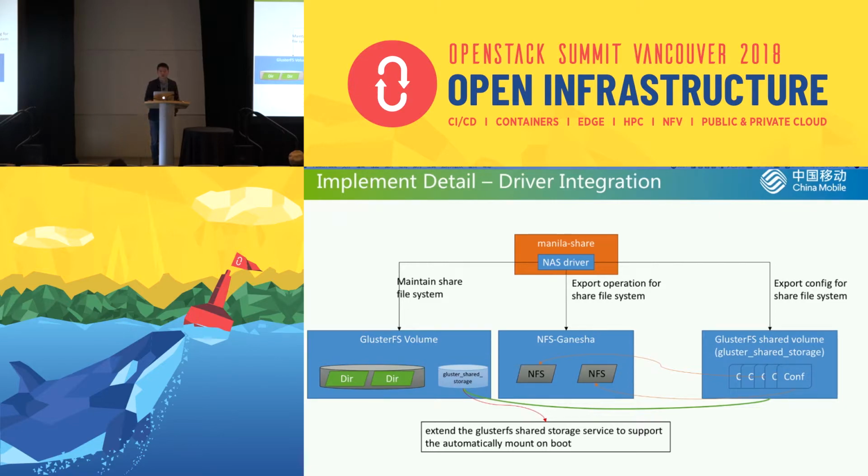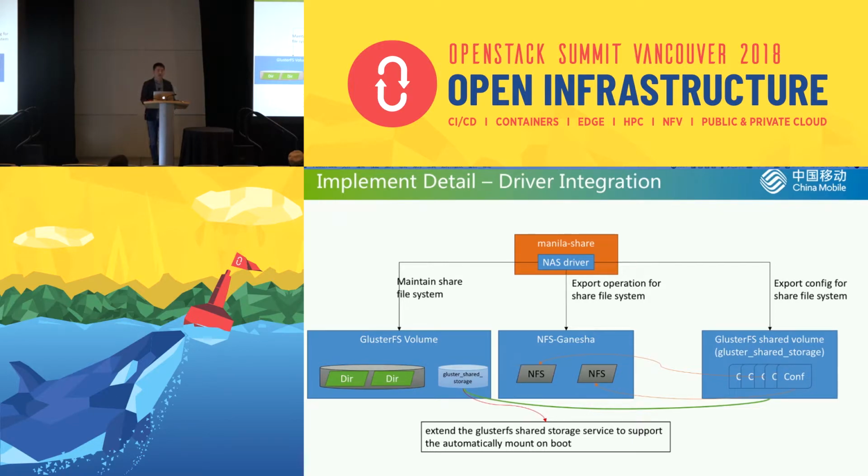NFS-Ganesha does the export operation for the shared file system, and the export configurations are stored in the GlusterFS shared volume, named Gluster Shared Storage. It's an inner volume of GlusterFS. This keeps the configuration files consistent across different NFS-Ganesha servers.